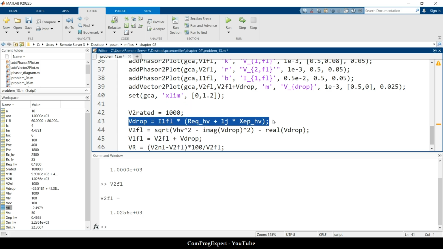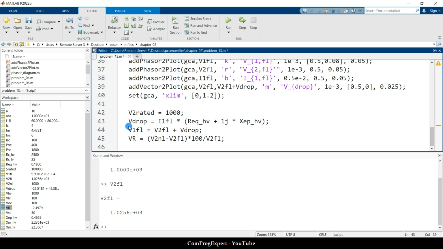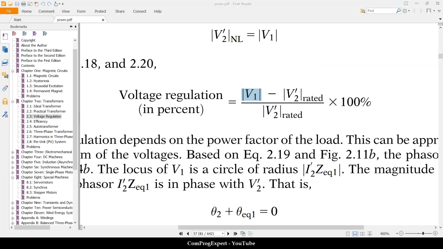This is the value of the voltage drop. And what is the value of the V2 for full load? Again, we can consider it equal to the rated one. In this case, I am going to calculate the rise in the value of the V1 voltage. That is equal to the V2 rated plus the voltage drop. So this is V2 rated, and this is the absolute value of the V1. This equation.